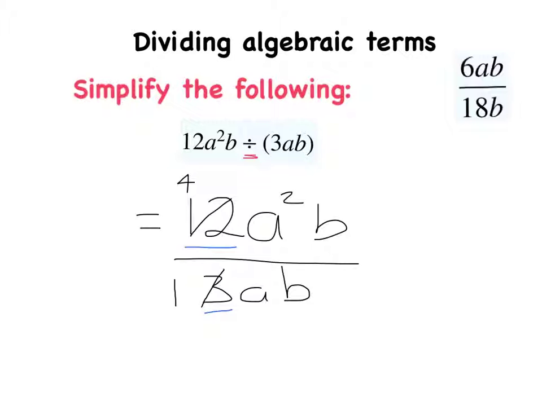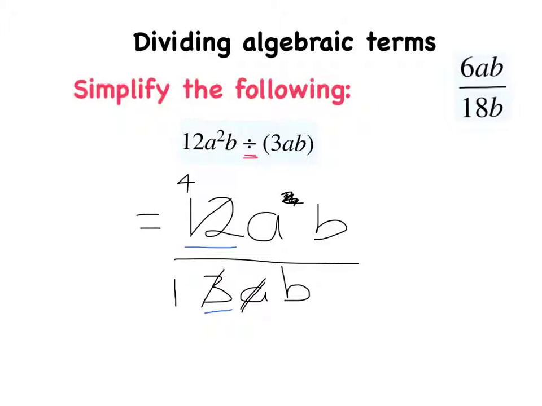A squared and a: a squared is the same as saying a multiplied by a. So a squared divided by a leaves just one a on the top, because that a cancels out and I can get rid of the square.